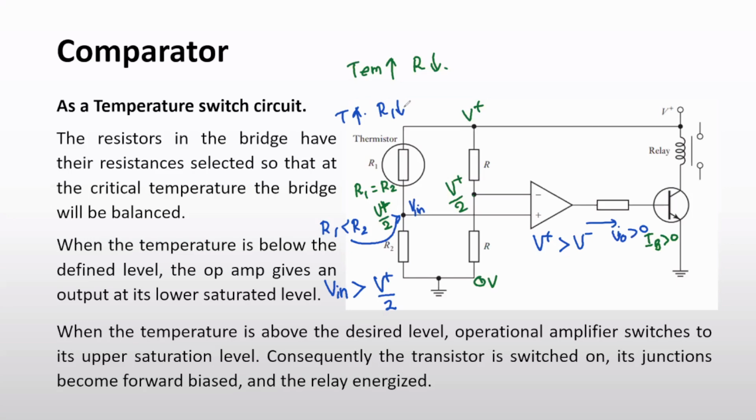I'm writing it in red because in this case, when the temperature drops, the resistance R1 increases. So according to this circuit, V plus is less than V minus. You have to understand this one like the previous one.